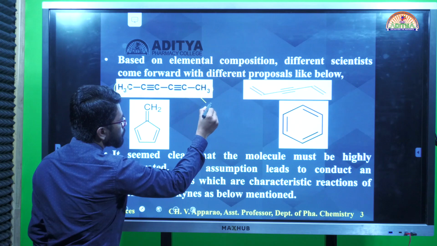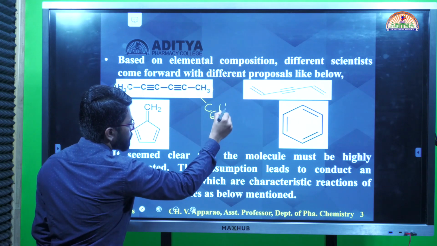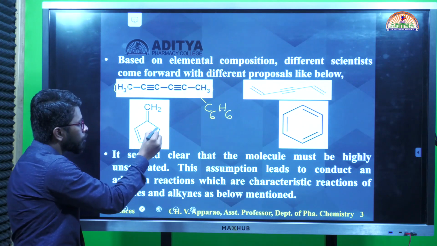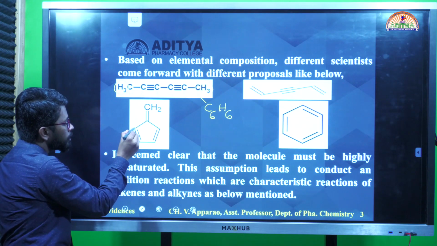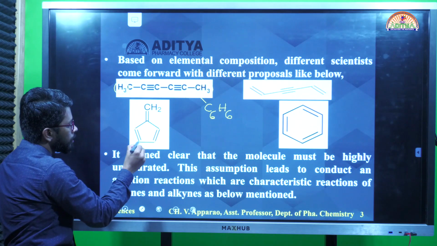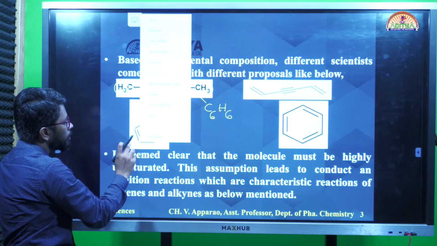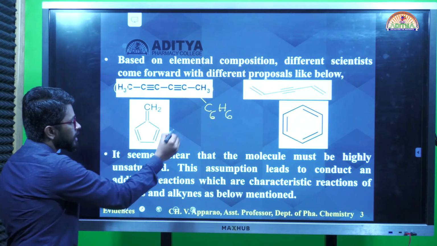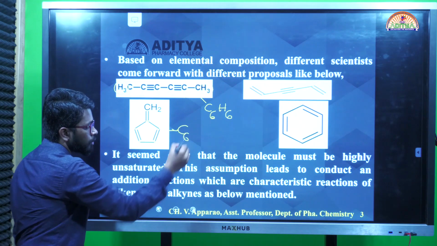The formula is C6H6. Now coming to this structure, how many carbons are there? This is 1, 2, 3, 4, 5 and 6. Total 6 carbons, so this structure also is C6.